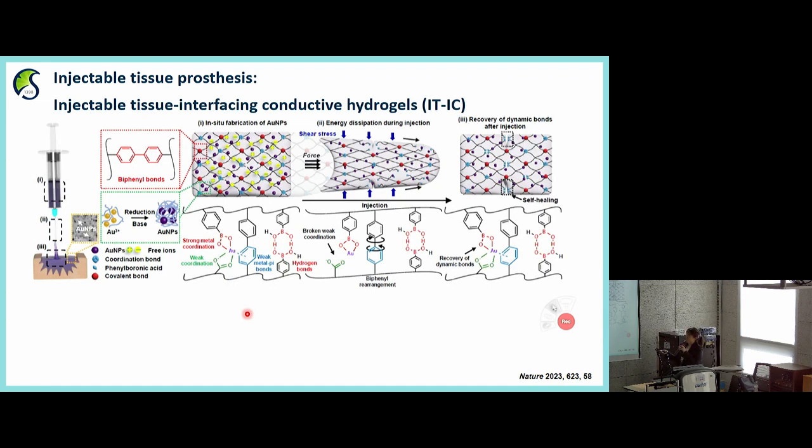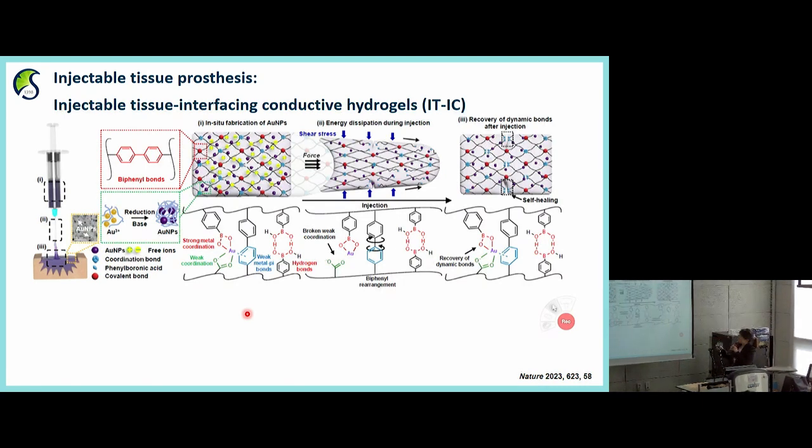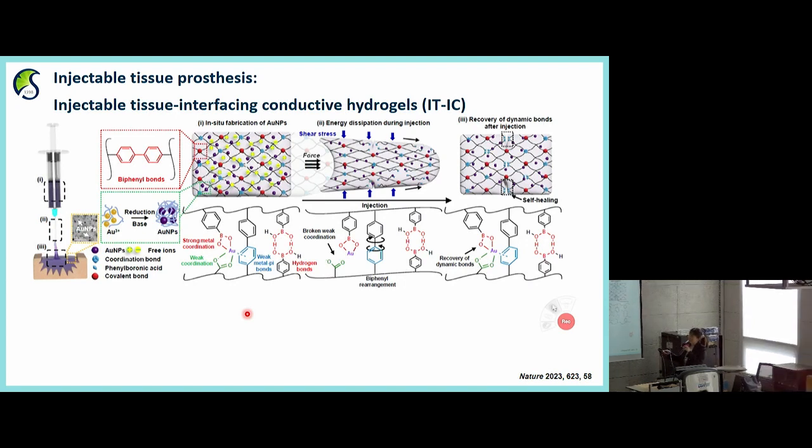You can see here, these phenylborate groups can form covalent bonds, which are called biphenyl links, and they can have multiple hydrogen bonds, and also metal coordination with the gold ion. During the formation of this biphenyl link, the gold ion is spontaneously reduced to gold nanoparticles.